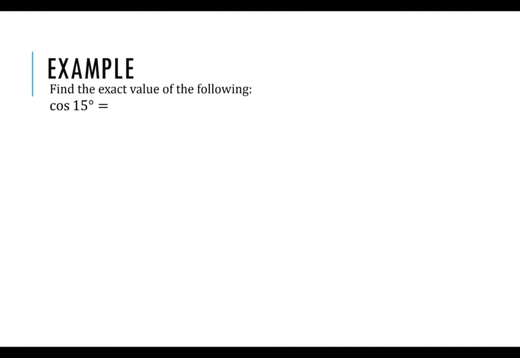The sum and difference identities allow me to find the exact value of some of these functions when we plug in values that weren't on our unit circle. Here, if I want to find the cosine of 15 degrees, is there a way that I could write 15 degrees as some alpha plus some beta, where alpha and beta are nice angles?